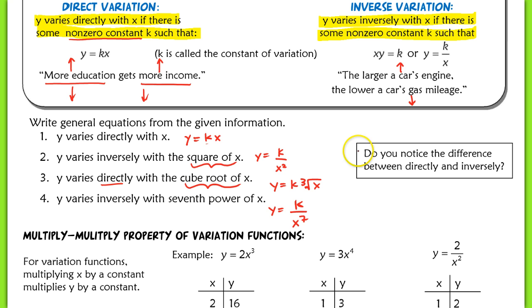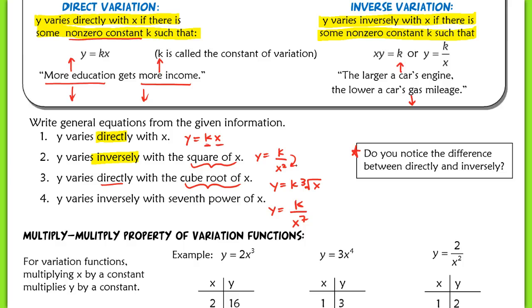Do you notice the difference between directly and inversely? Every time you see the word directly, we multiply that constant k by our variable. When we see the word inversely, we take that constant k and divide it by our variable. That's the main difference.